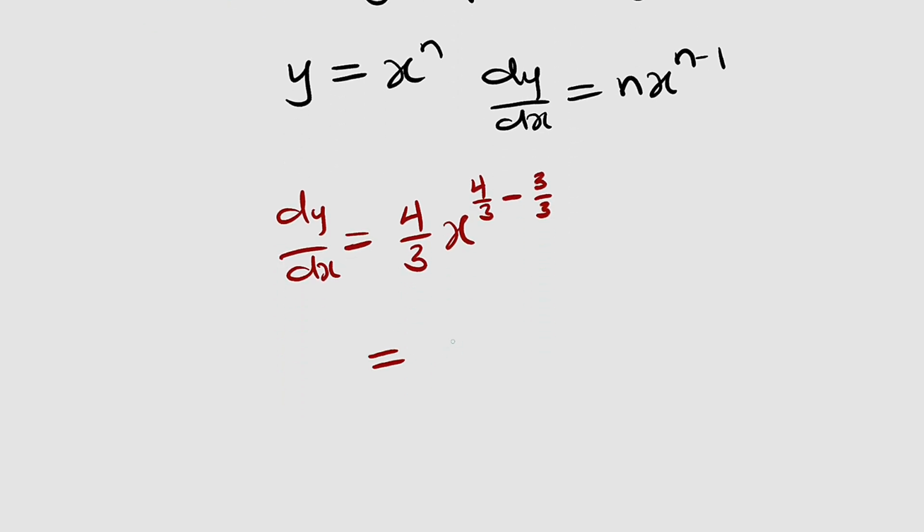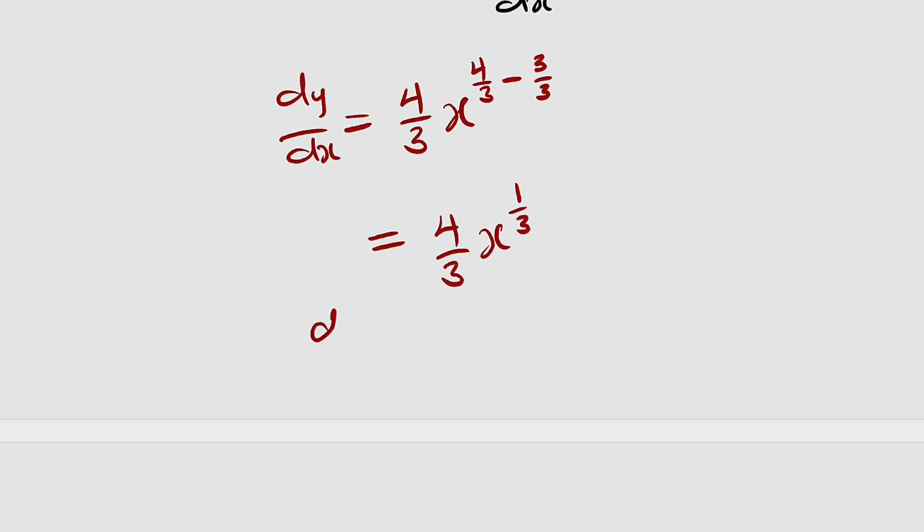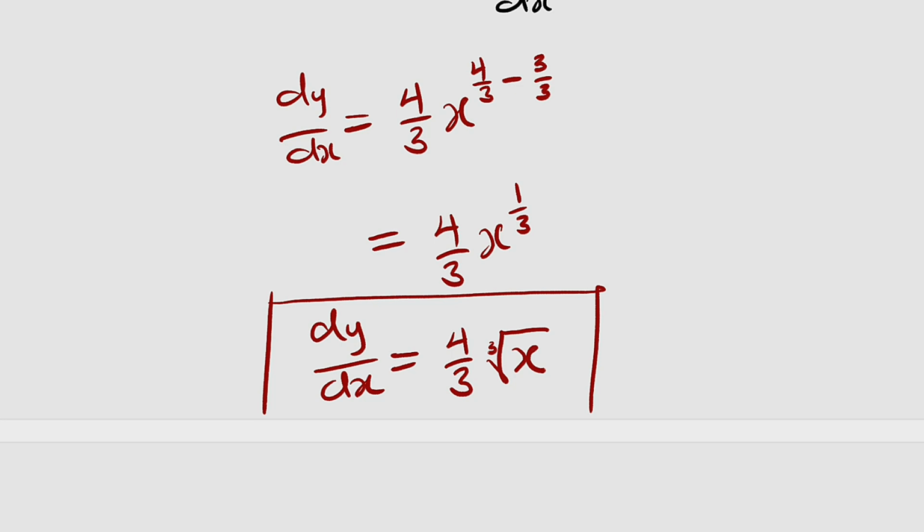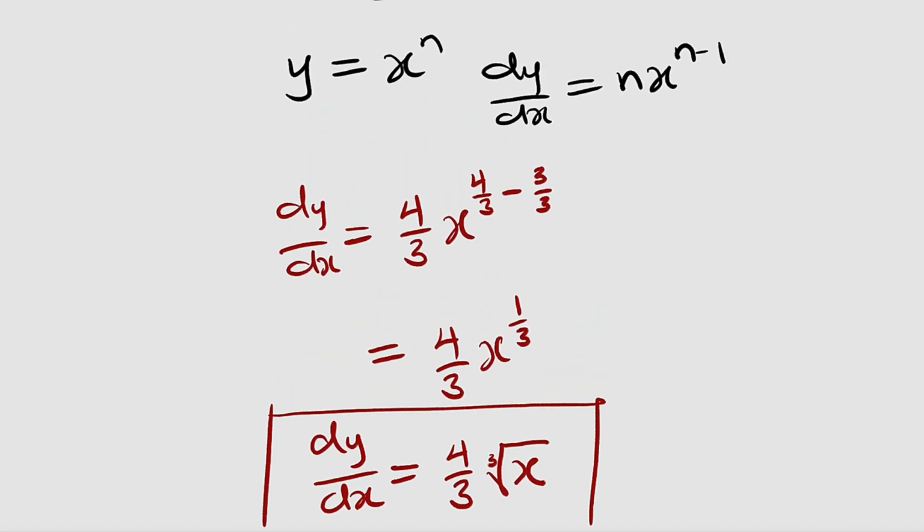Therefore, this is equal to 4 divided by 3, x to the power of 1 over 3. And x to the power of 1 over 3 is the same thing as the cube root of x. Finally, dy over dx is 4 divided by 3 multiplied by the cube root of x. And this is just the solution to the last problem. Now let us move on to question number 10.